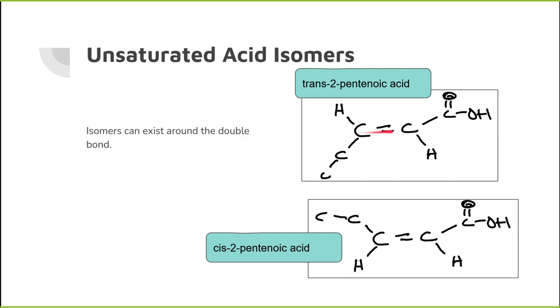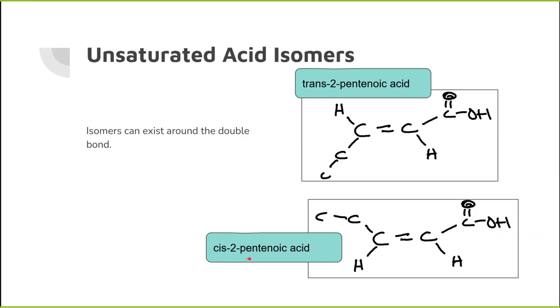If we draw our imaginary line through here, you can see that these 2 carbons over here are on opposite sides of the double bonds of this carboxyl group. And so this would be trans-2-pentanoic acid.